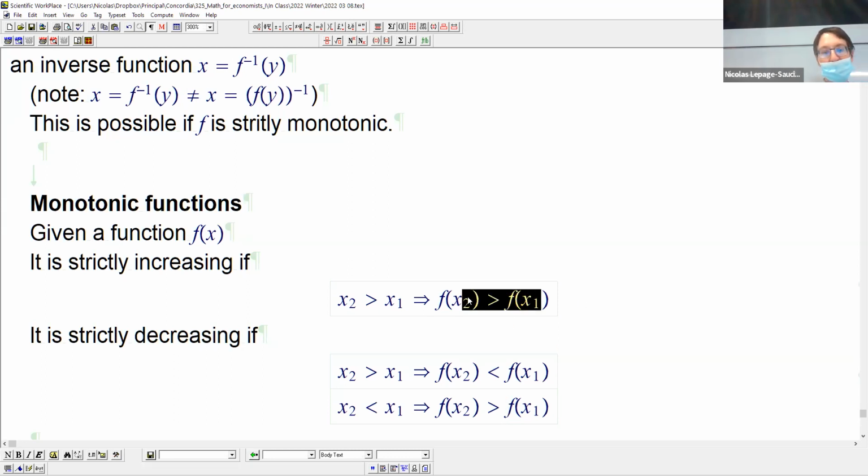This one then? Yeah, so the second one is decreasing. So this means implies, right?